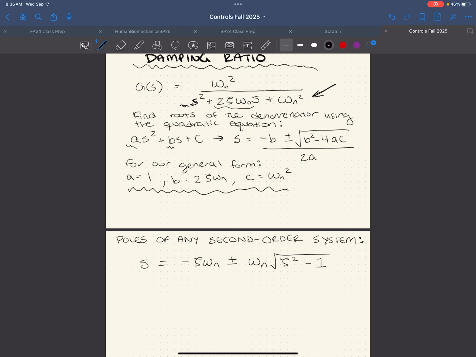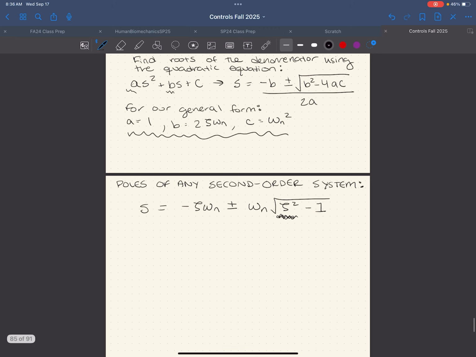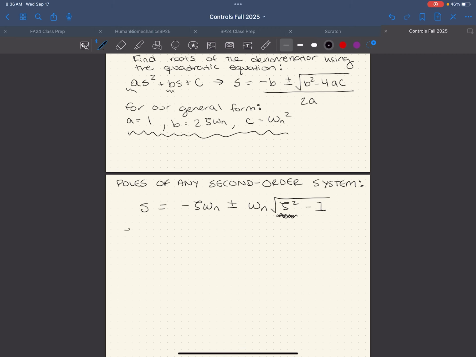So I said that interesting things happen depending on the value of zeta here. So we're going to look at several very special cases. First thing I want to do is look at what happens if zeta is equal to 0. Well, if zeta equals 0, this term becomes 0.